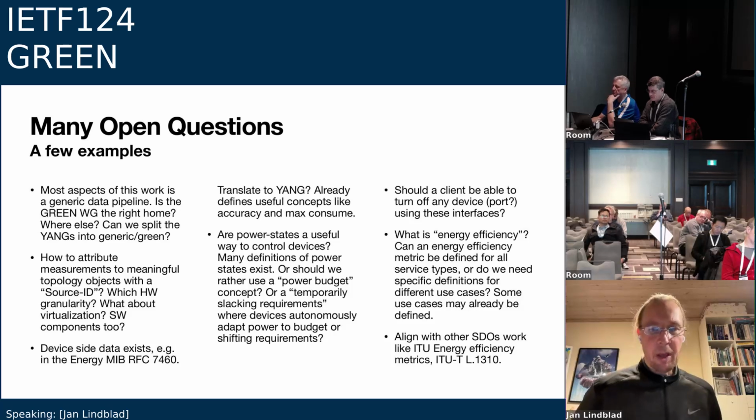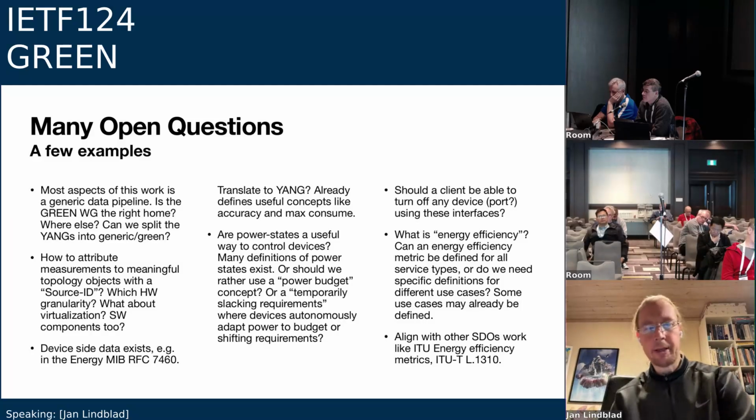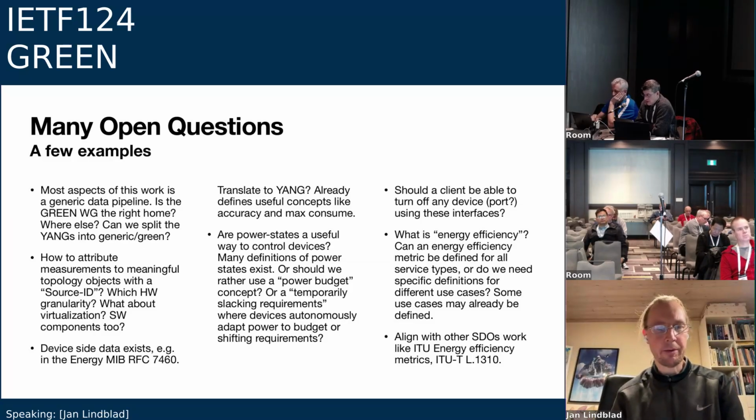And here are some of the examples of what we've been talking about. Some aspects of this framework might be useful for other things than collecting energy information. So should that be done here in green, or how should we build that? Many of these things connect with other concepts that you have in other working groups. If you want to collect data from a device, you need to track which device it is in the context of everything else that we are doing.